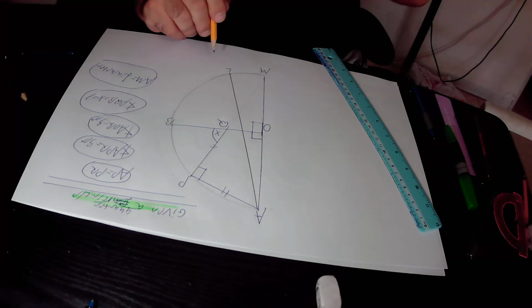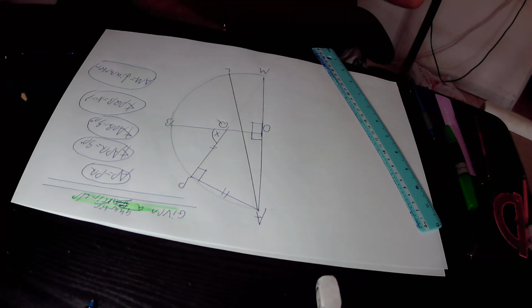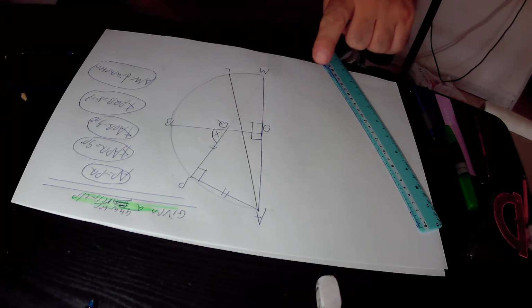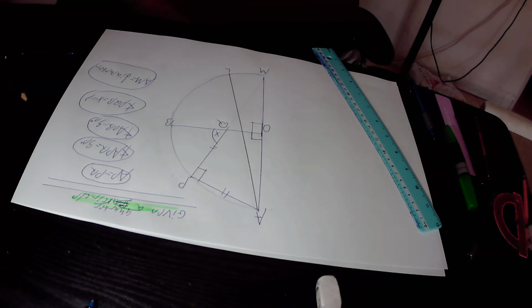AL is definitely not the diameter of the semicircle because it doesn't pass through point O. So we have peripheral angle APL that is equal to 90 degrees, and still it doesn't subtend on the diameter of the semicircle, because AL is definitely not the diameter. Why? Because it doesn't pass through point O. So it is a contradiction to rule 5.